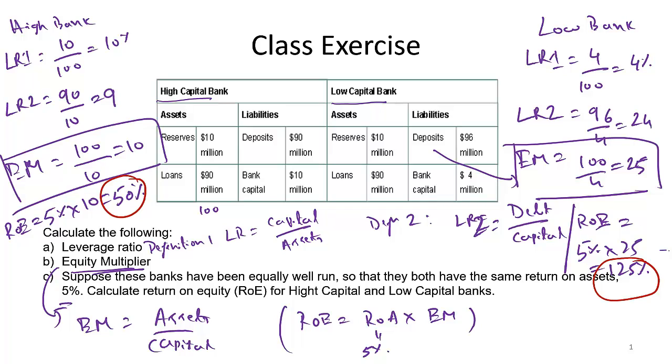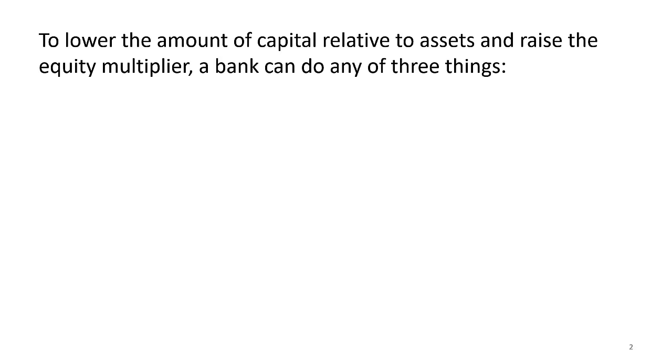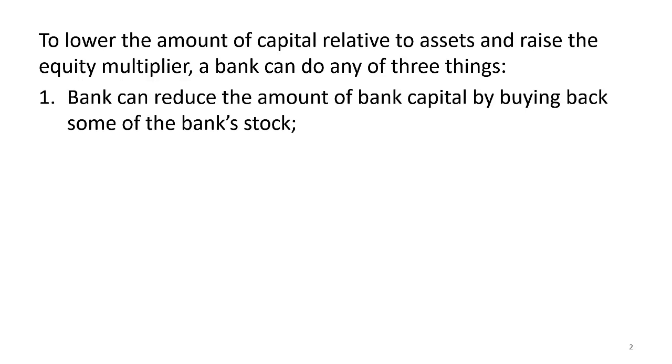So what can they do to increase the leverage in their bank, or lower the amount of capital relative to assets and raise the equity multiplier? A bank can do any of three things. First, a bank can reduce the amount of bank capital by buying back some of the bank stock, the share buyback that banks often engage in.